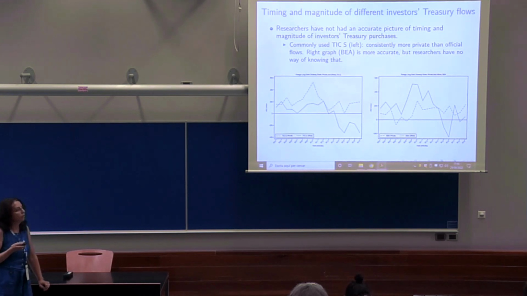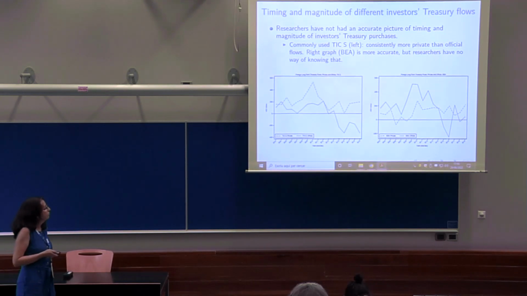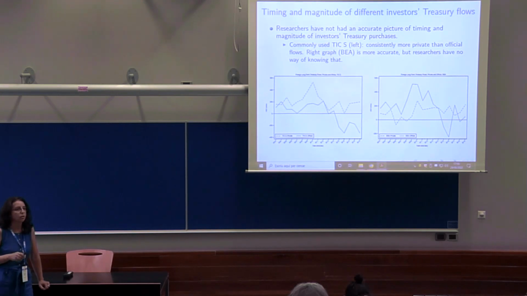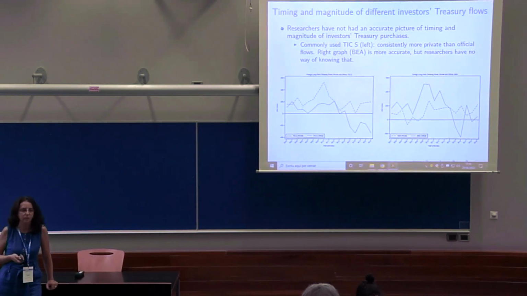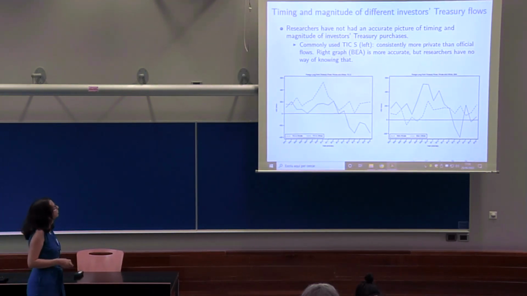And the gap, if we accumulate it, is 3.5 trillion, quite substantial. Now, the right chart is more accurate BEA data on flows that shows the exact opposite. At least until 2015, foreign officials bought more than foreign private investors. So from these two slides, we show that the data does not support these two commonly used assumptions in the literature.